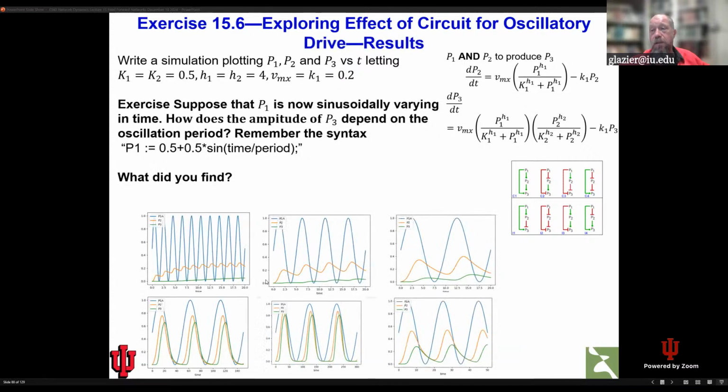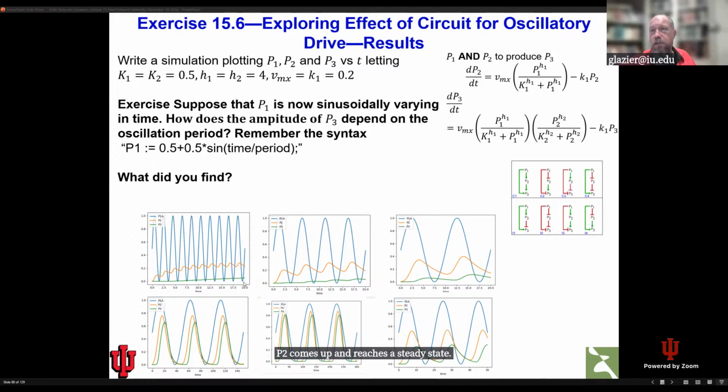And so maybe we don't have to do these all, but you can. Here's some examples where I've got a periodic input signal. I've made P1 time varying. And in this case, when the frequency is high, P2 comes up and reaches a steady state.